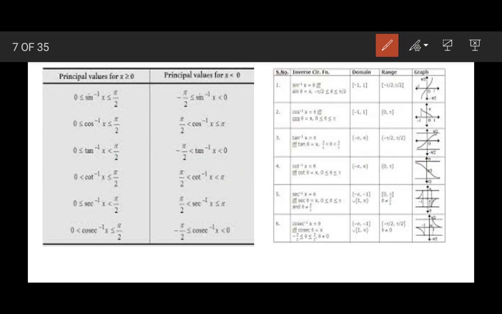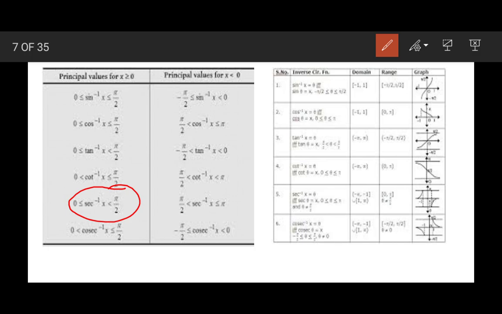Now the principal value for sec inverse x. When x is greater than or equal to 0, sec inverse x lies between 0 and pi by 2. When x is less than 0, sec inverse x lies between pi by 2 and pi. Then the range will be 0 to pi, right?